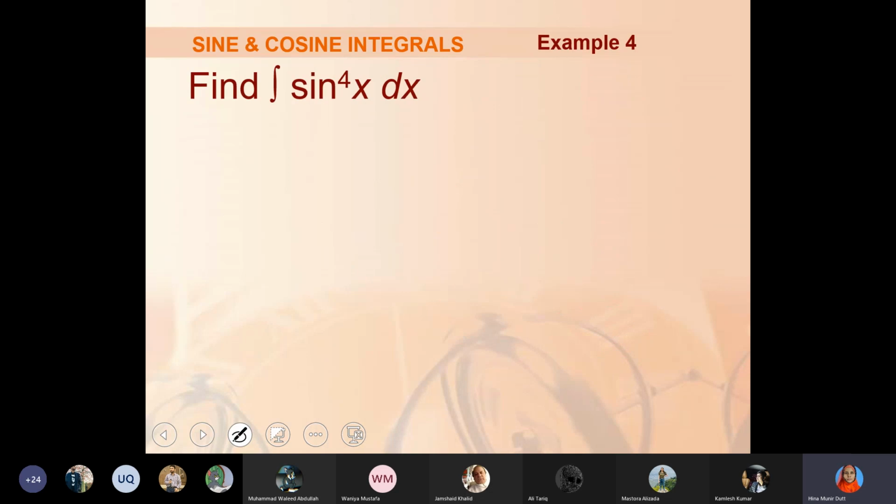This method is a bit lengthy, but you can use it to integrate any power of sine, even or odd. I will solve it for sine 4x. Any idea how to solve it by the alternate method?